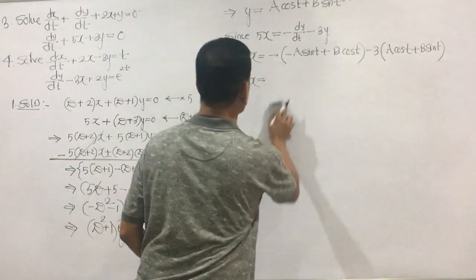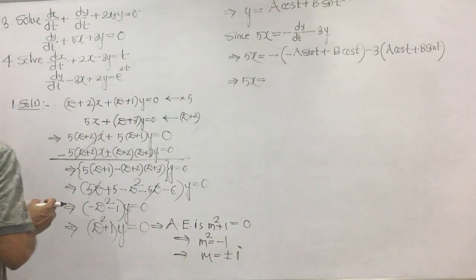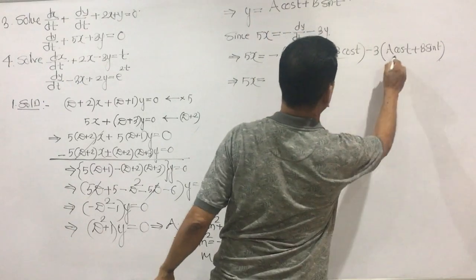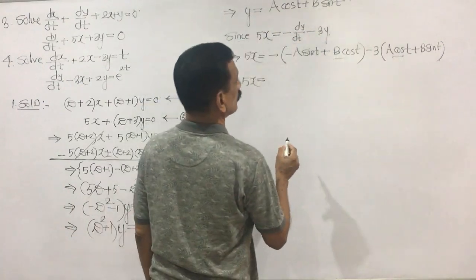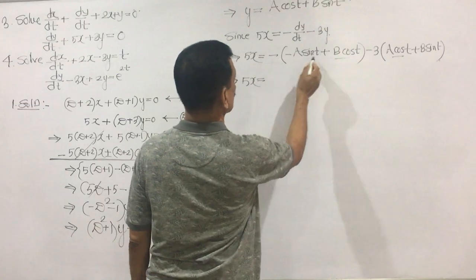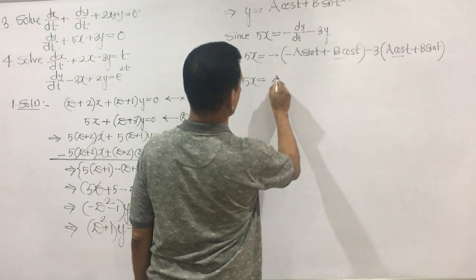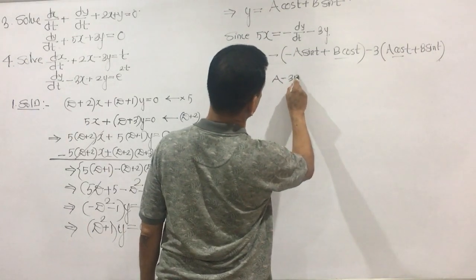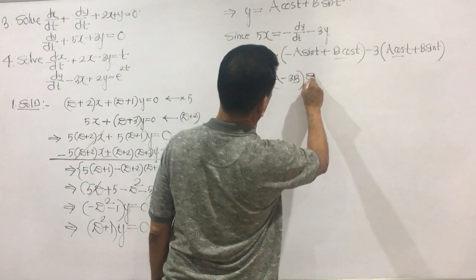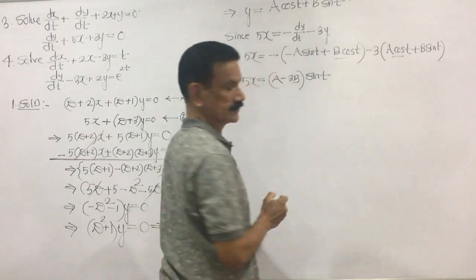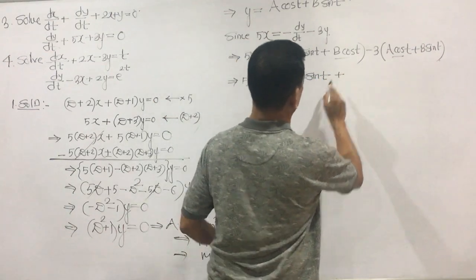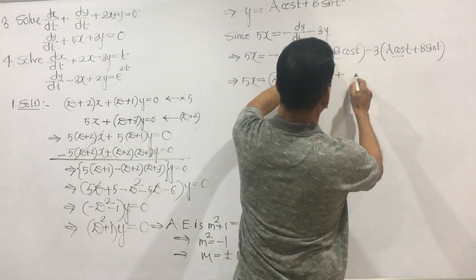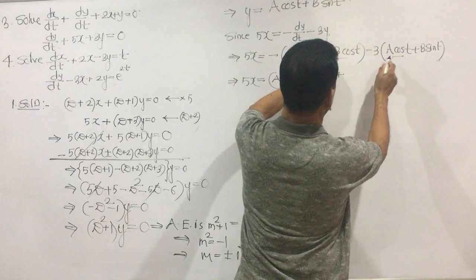So let us write here. See what we get, my dear friends, here a cos t, this and this I take together, cos t is common. So we have, otherwise first let us take this one. So it is this term minus 3b sin t, plus, so I take this term and this term, so which is minus b.